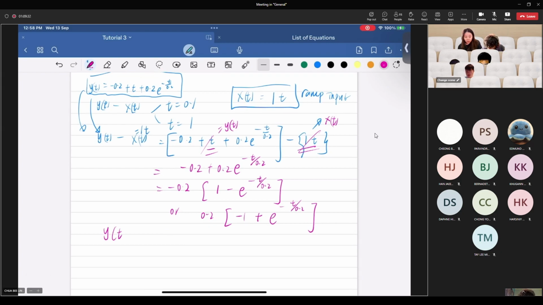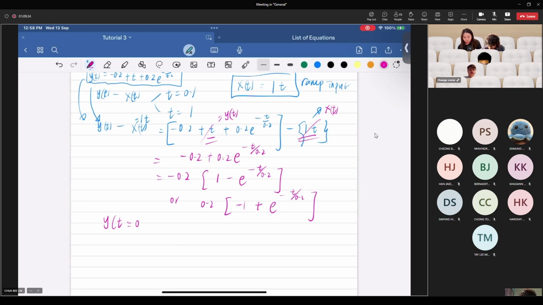So now yt at t equals 0.1. If I'm using this one, then negative 0.2, 1 minus e negative 0.1 over 0.2.